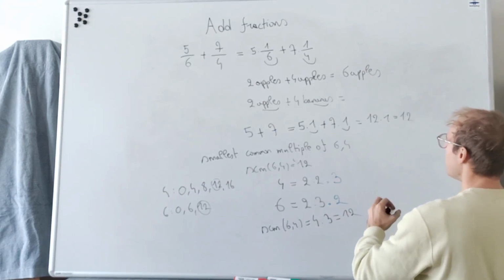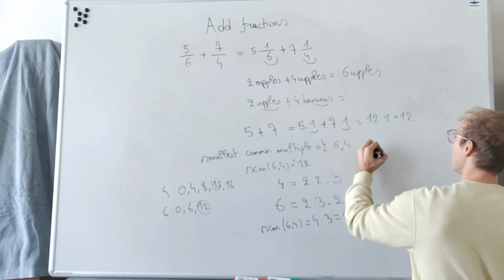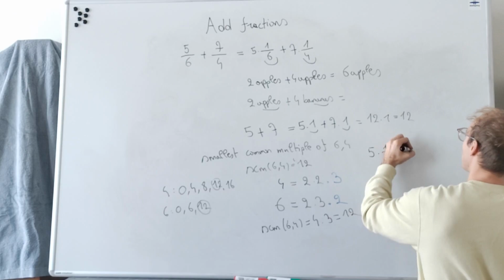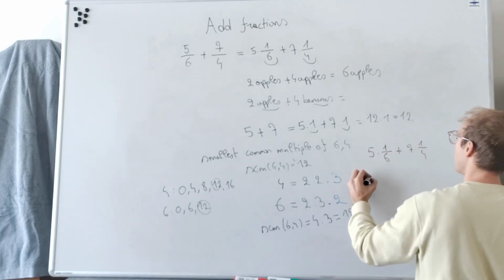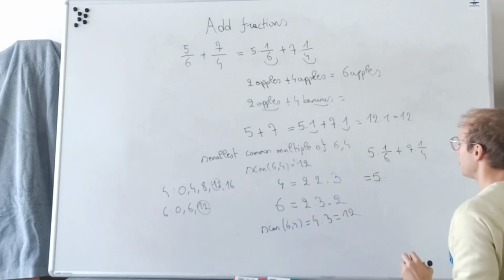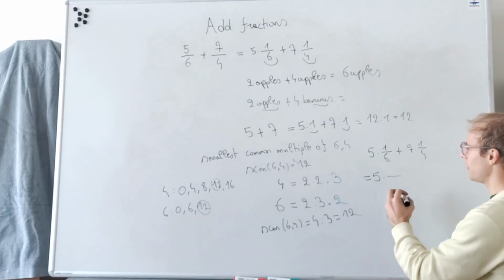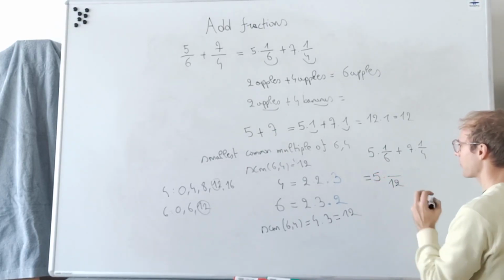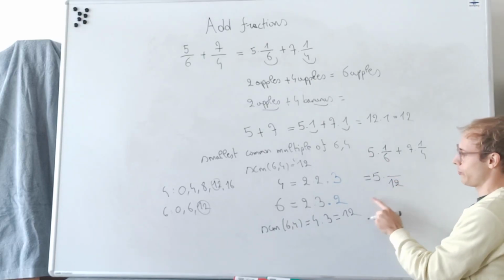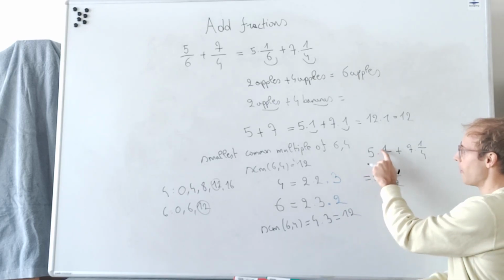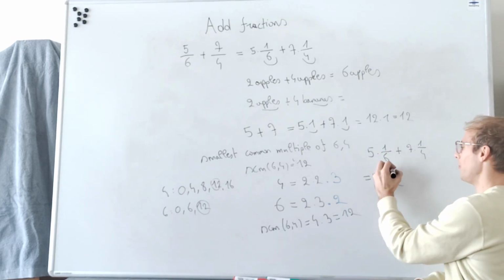And what we can do then is 5 times 1/6 plus 7 times 1/4. So I'm going to write 1/6 as the fraction with denominator 12. And how did I go from 6 to 12? Well, I multiplied with 2, so I have to multiply the numerator also with 2.